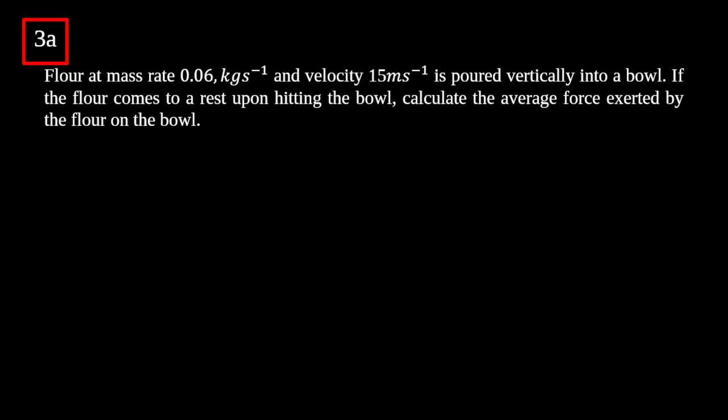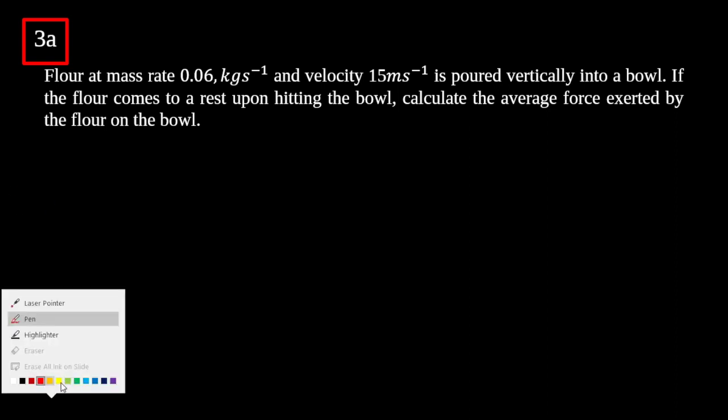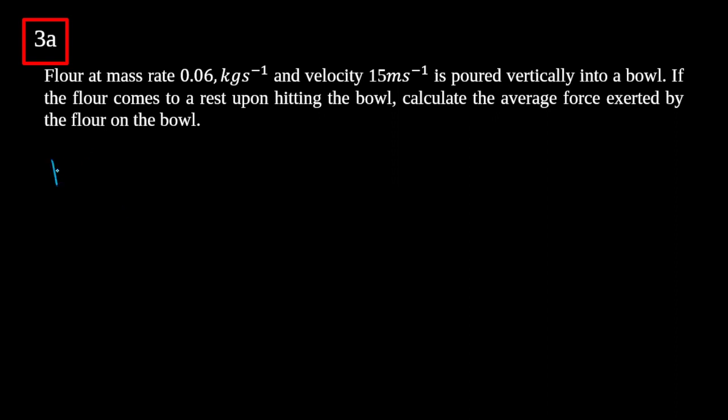Flour at mass rate of 0.06 kilograms per second and velocity 15 meters per second is poured vertically into a bowl. If the flour comes to a rest upon hitting the bowl, calculate the average force exerted by the flour on the bowl. As you've learned in class, force is equal to the rate of change of momentum.